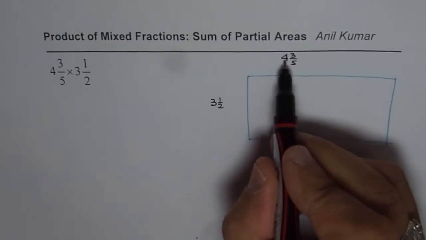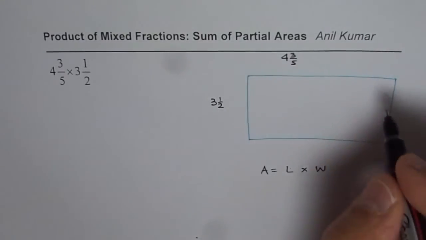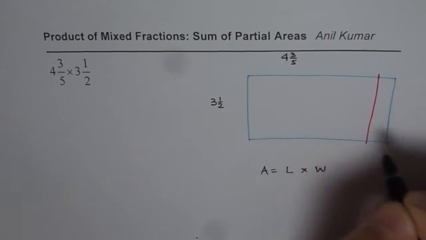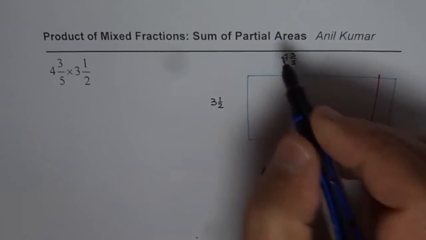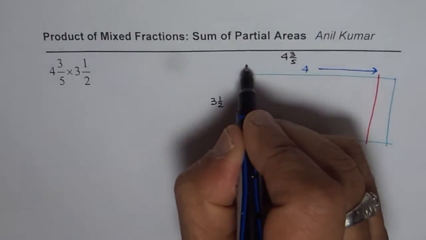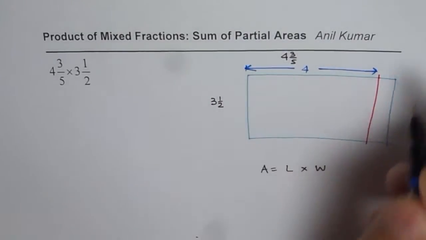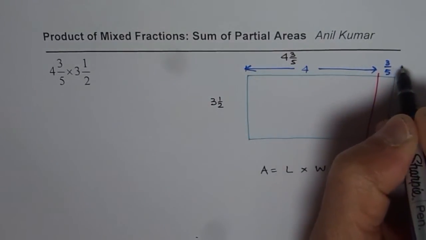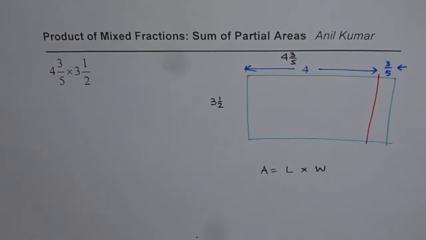So here we have 4 wholes and 3/5. Let us say that is the fraction part. Let's divide this where we have 4 wholes. That means from here to here it is 4 units, and this fraction is 3/5.